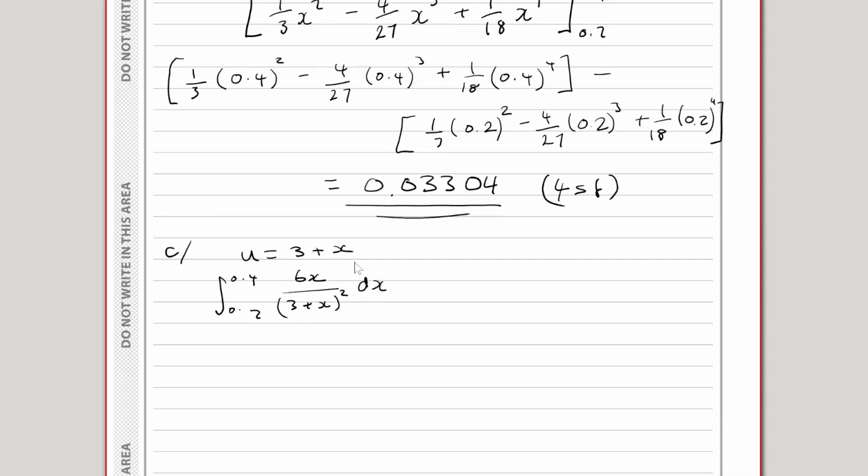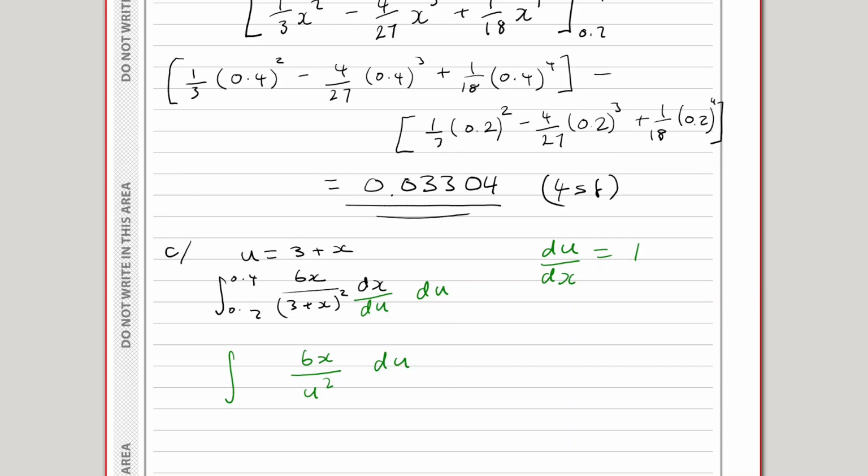So if U is 3 plus x, we have dx du. So we'll have the integral of 6x over u squared. Du dx is going to be 1. So dx du is also 1.